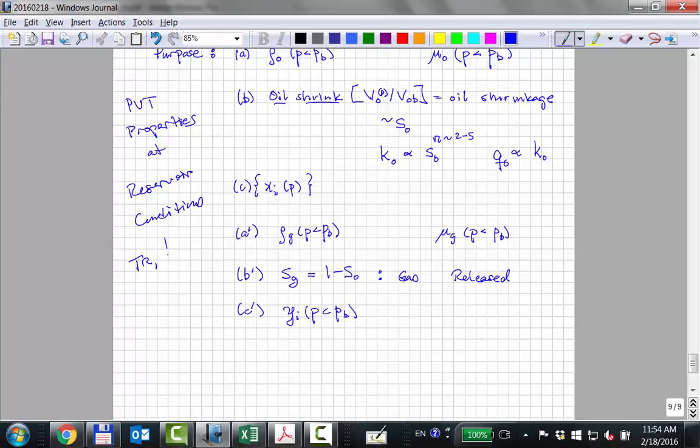T_R and P less than or equal to bubble point. Nothing at all about the surface. Nothing at all about how much oil we're going to sell at the surface. Nothing. Okay? It's only how the reservoir properties change with pressure. That's all we get out of this experiment.